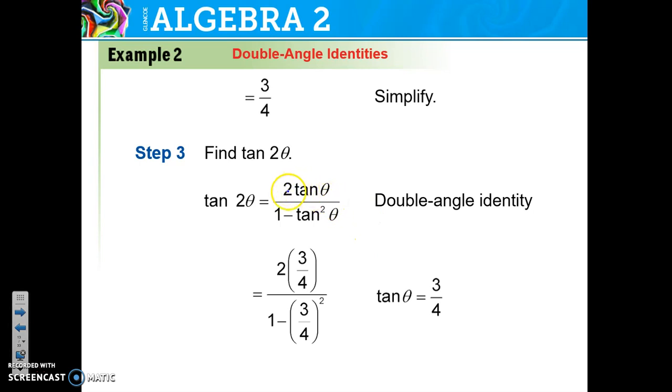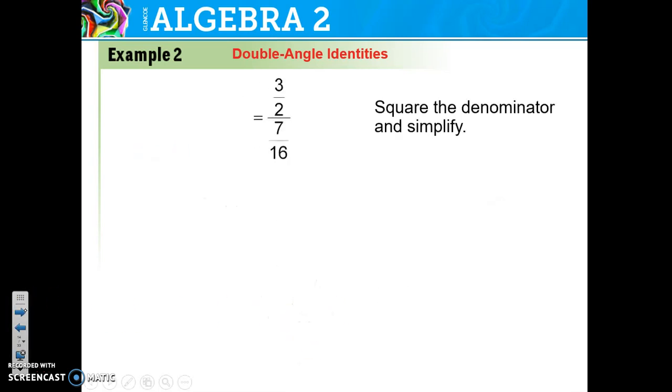I'll do 2 times the tangent of theta, so 2 times 3/4, over 1 minus tangent squared, so 3/4 squared. Simplify. Should have squared the denominator and simplified it. And then when I simplify my complex fraction, I get 24/7. Remember here we're doing 3/2 times 16/7. And that gives me 24/7. So that would be the value of the tangent of 2 theta.